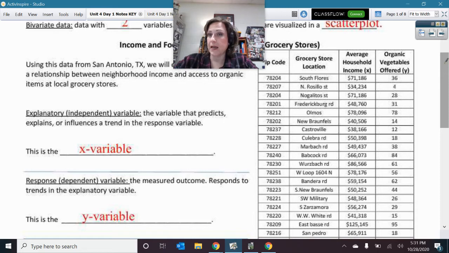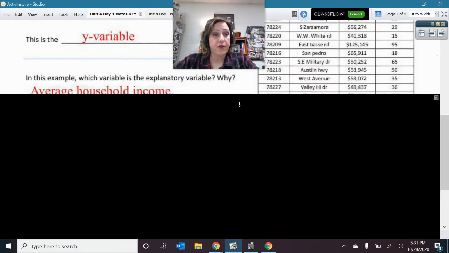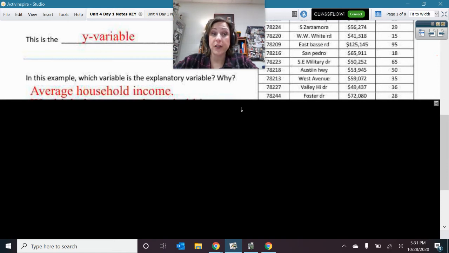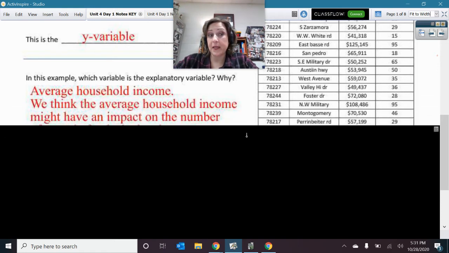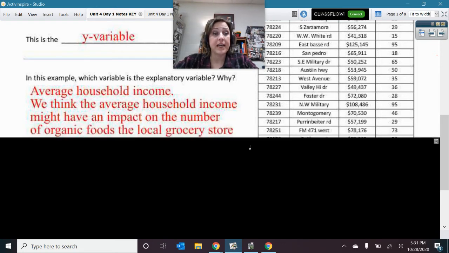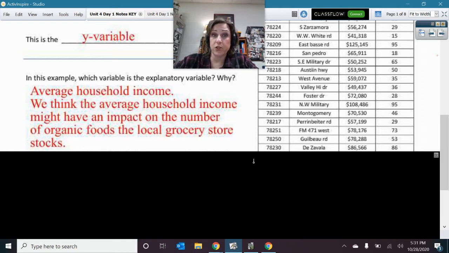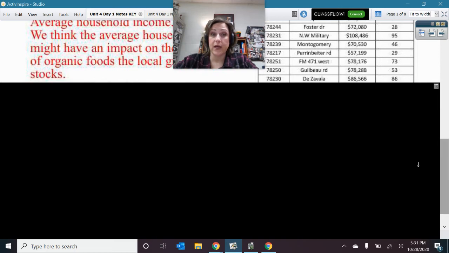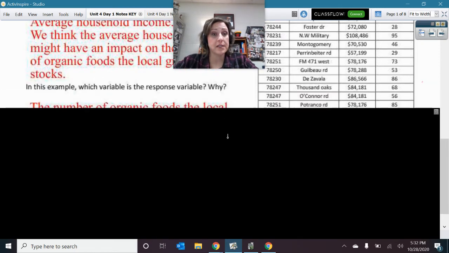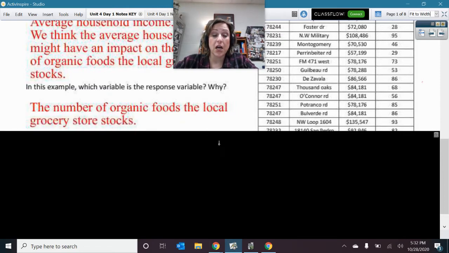I bet you can tell that we are pondering the thought that average household income might be the variable having an impact on the number of organic foods at the local grocery store, the number of those items sold. Okay, so then what does that make our response? And of course, that is the number of organic foods that the local grocery store stocks.